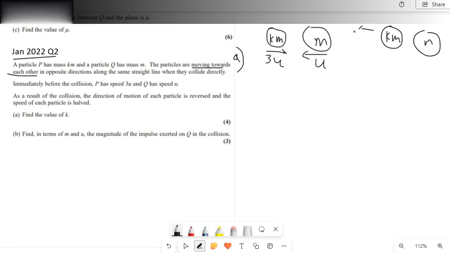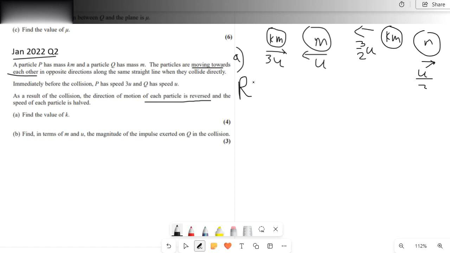Finally, we know that the speeds are halved and the direction of motion of each particle is reversed. So this should be 3 by 2 u because it is halved, and this should be to the right, u by 2.